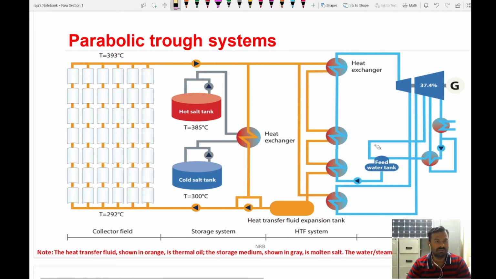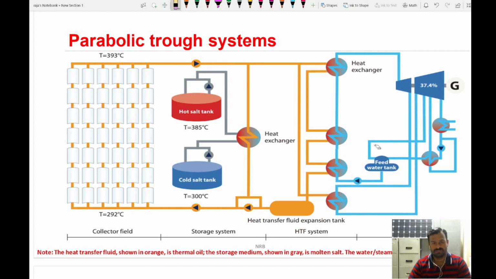This is how the parabolic trough system works to absorb the solar irradiance and store it in the double storage molten salt tanks, as well as it has a heat transfer fluid which absorbs this heat and directly produces electricity. When the sunlight is available, the heat transfer fluid is directly passed through the heat exchanger where the water is converted into steam.